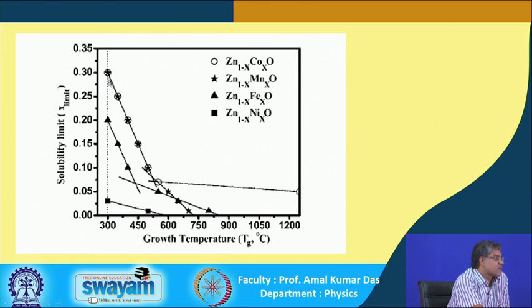Both manganese and cobalt have a solubility limit of 30%, and how the solubility limit changes with temperature for different elements, one can directly compare. Now, these 4 sets of data, you have 4 sets of data in a table.